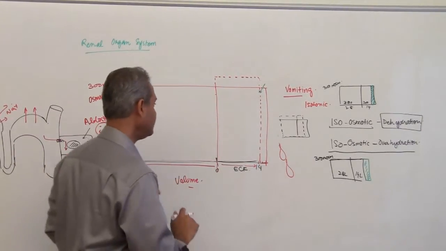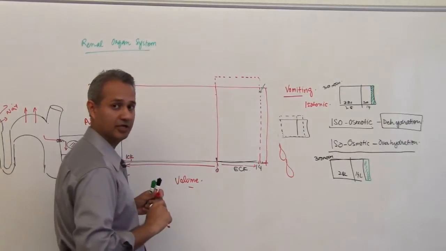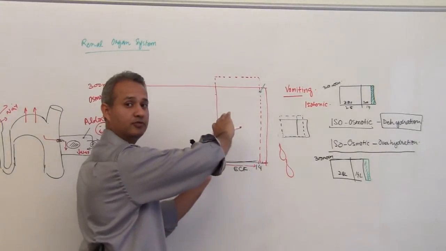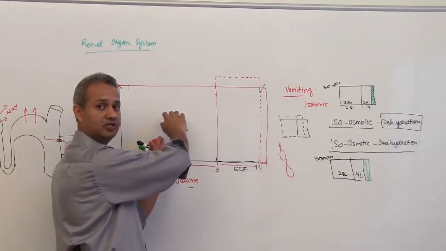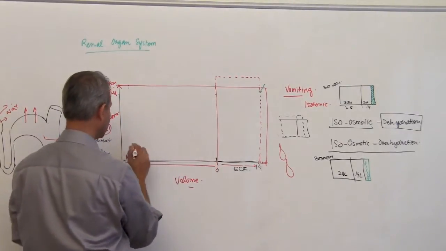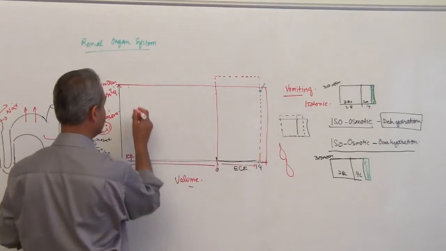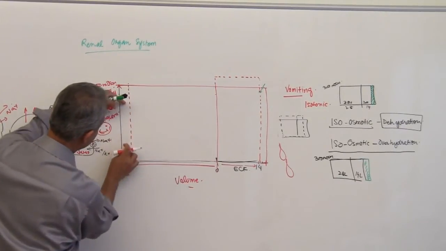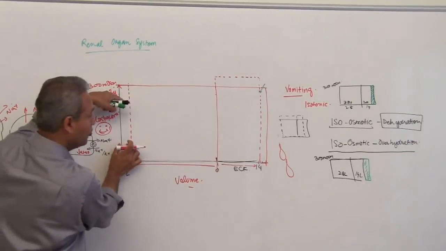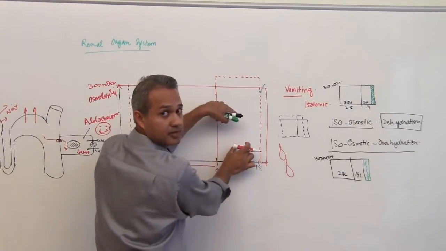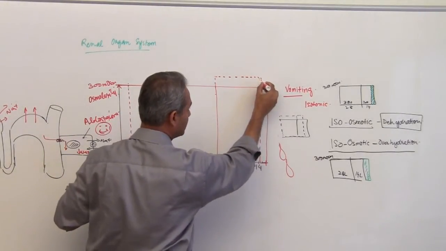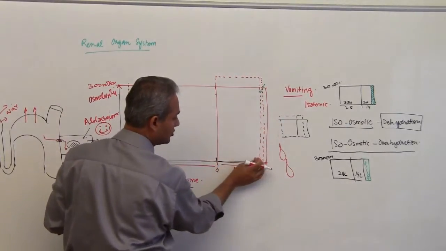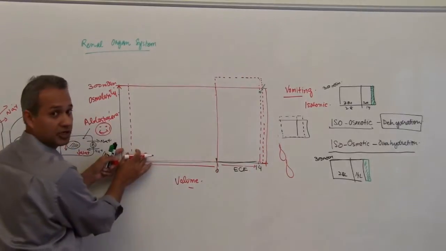Now we have more solutes over here. What's going to happen? Water from the ICF is going to move, because the water is more over there. Let's say this chunk of water moved all the way here. That would try to restore this water volume a little bit. So the end result is that this is going to expand a little bit and this is going to shrink.